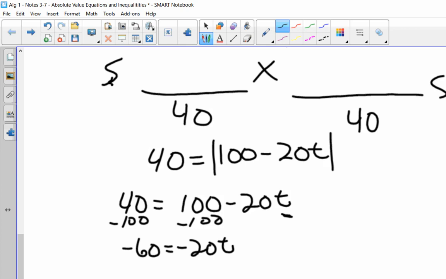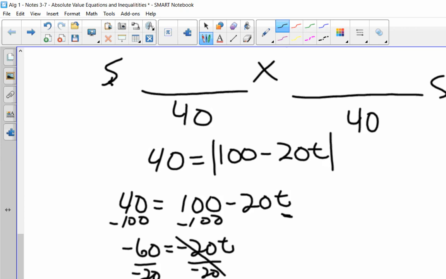Okay, and now I have to divide by what's in front of the t. Well, remember, it's a negative value, so be careful with this one. It's just going to go away over here. You're left with t, but you got to remember, I'm dividing two negatives, so that means my answer is going to be positive. What's 60 divided by 20? It's 3.